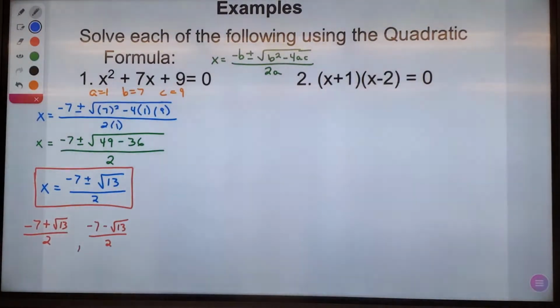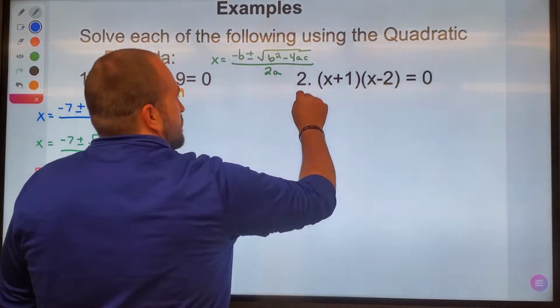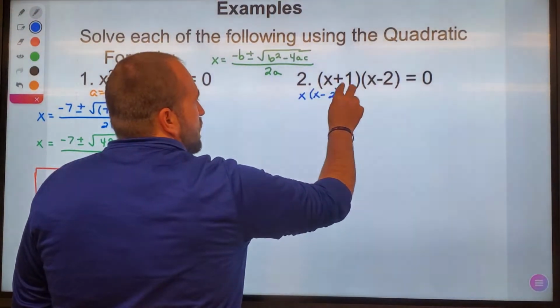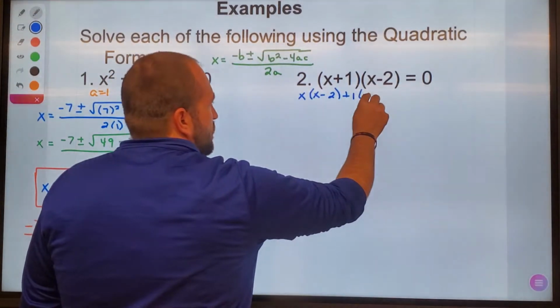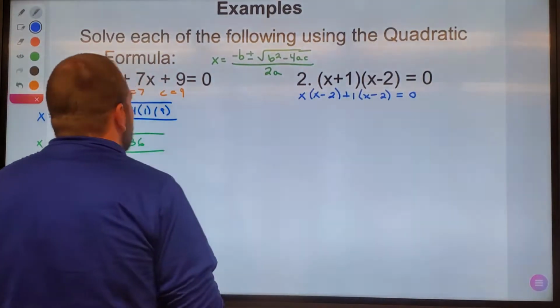Number two. Why I didn't give you something that was already in intercept form, or sorry, factored form, I don't know, but for the heck of it, let's go through the process of distributing. So if I have x plus 1 times x minus 2, I have x times x minus 2, and then the 1 times x minus 2 equals 0.